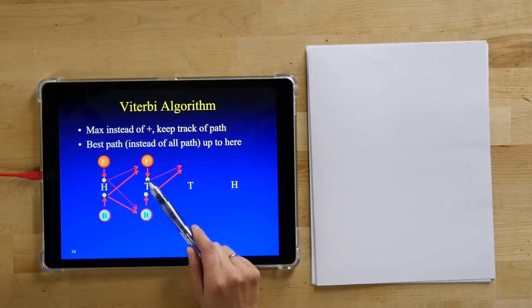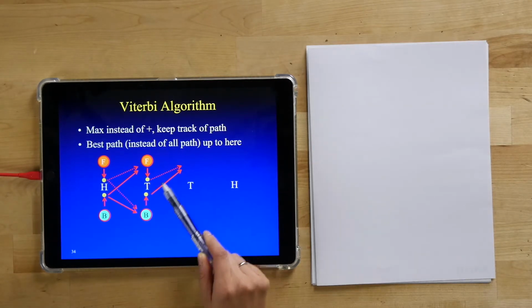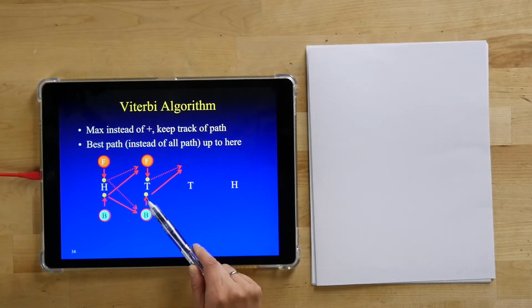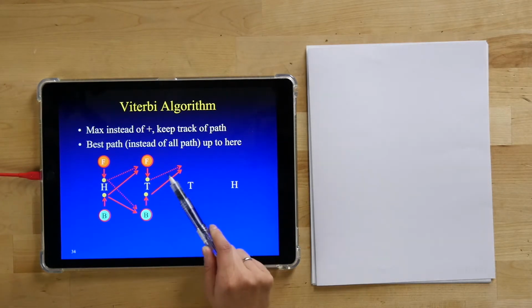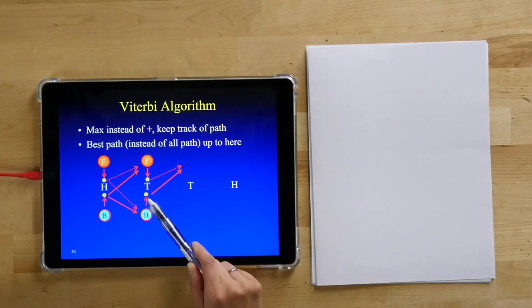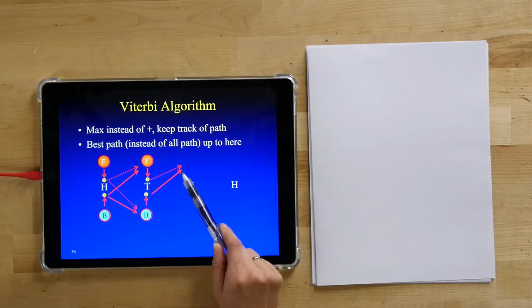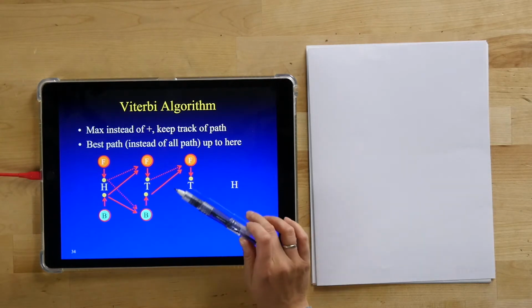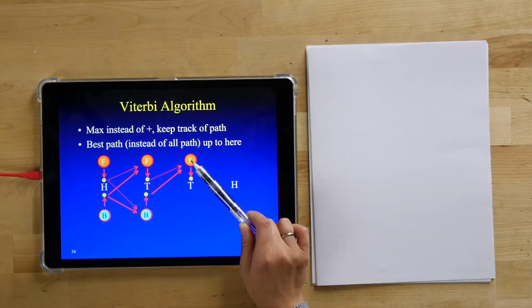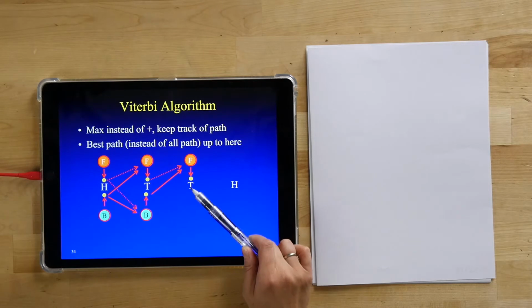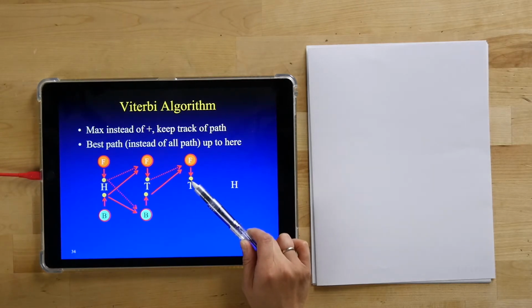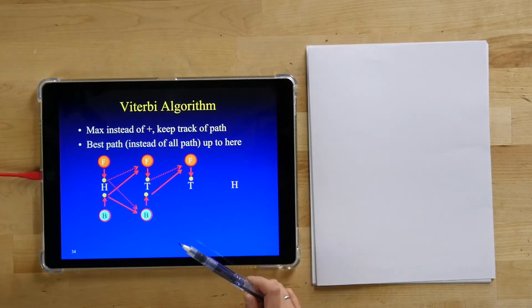Either previous one I'm using a fair and transition from fair to fair, or previous one I'm using a bias and I'm transitioning from a bias to a fair. Which one is better? I pick the best one. In this case, it's from this yellow dot multiplied by this transition, and now I'm using a fair coin. I emit from this fair coin a tail, and that's my new delta number for fair coin at location 3.